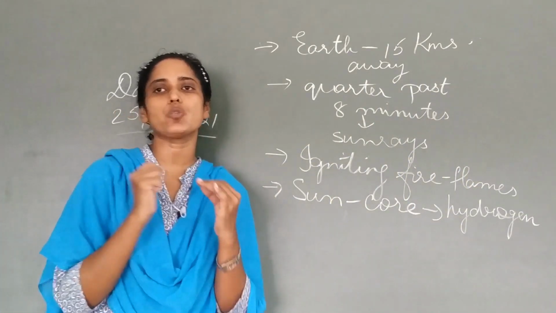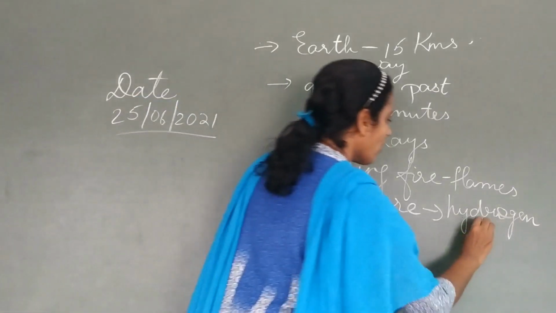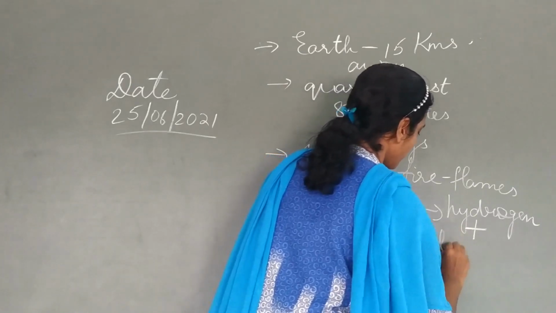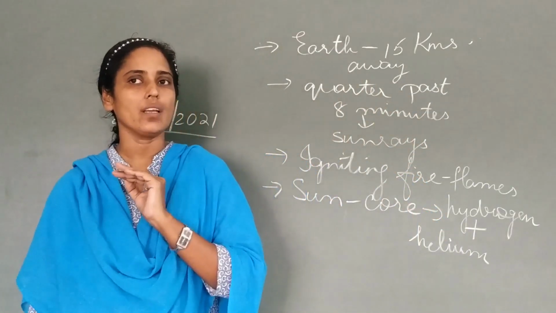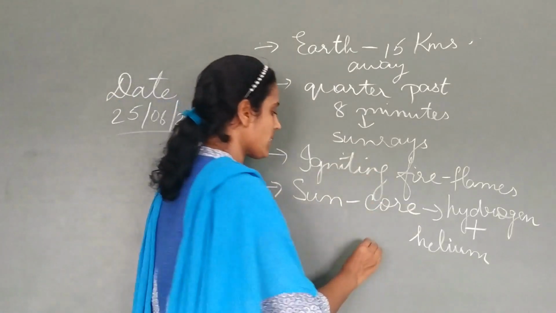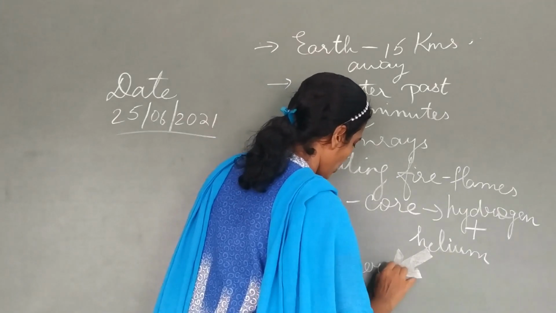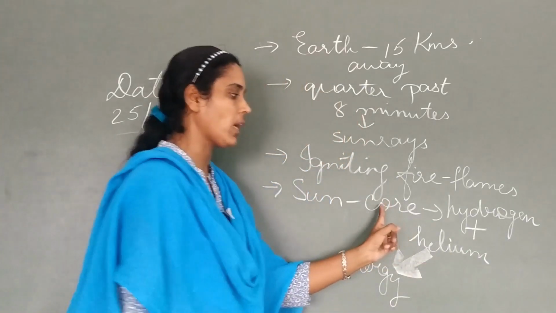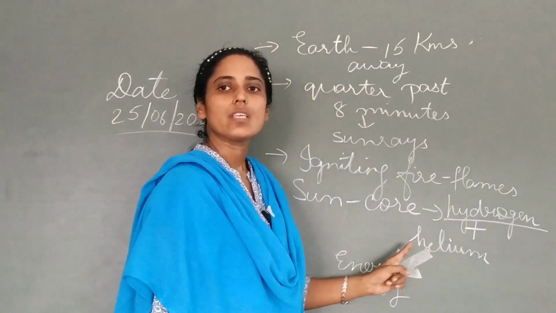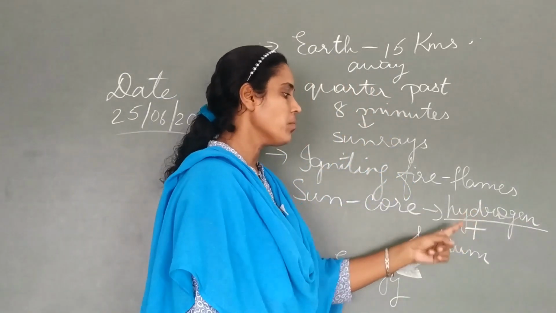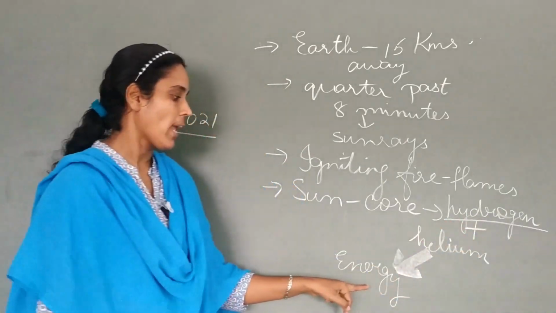The action between hydrogen and helium, this is known as energy. This whole topic we call energy. What is energy, students? The core part of the sun is comprised of hydrogen, and helium is also present. So hydrogen plus helium, the combination of both these gases gives rise to energy.